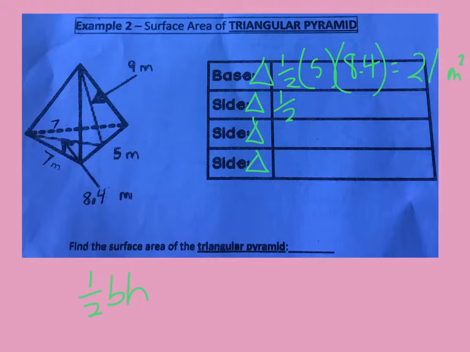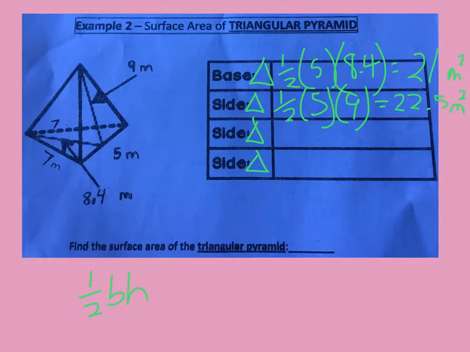So the area of this triangle is 1/2 times the base, which is 5, and the height, which is 9. Go ahead and calculate that. And I got 22.5, and that would also be meters squared.